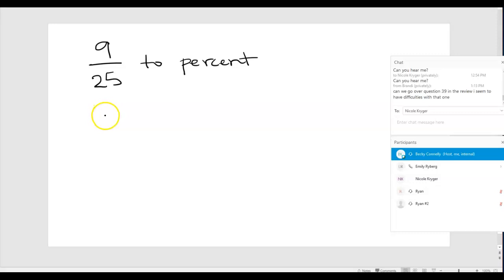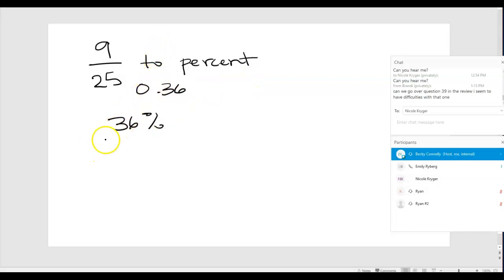Yep, and then times by 100. Yep. But if we go the other way, well, one thing with percent and decimals, right?